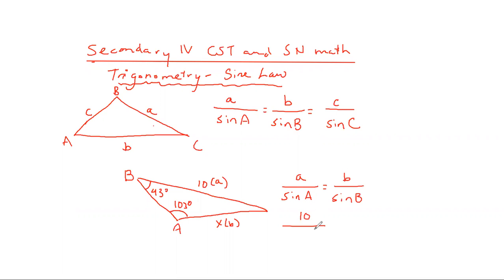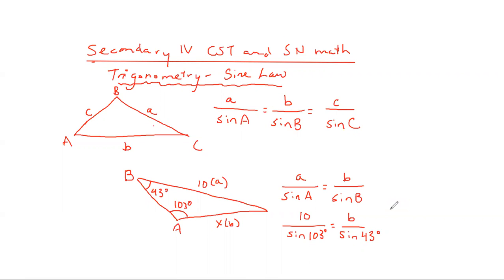a in this case is 10. Sine of the angle across from 10 is the one that we want underneath the side a. And for b, we have an unknown side b, or x, divided by sine of 43 degrees.